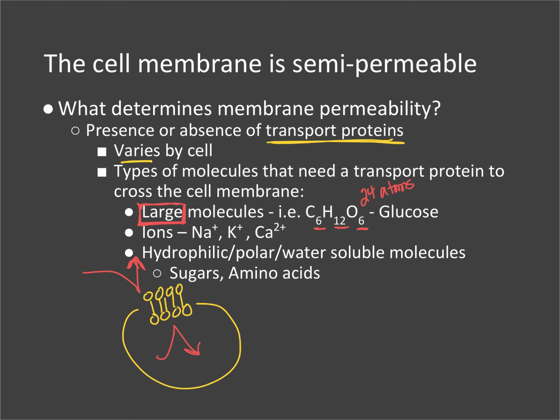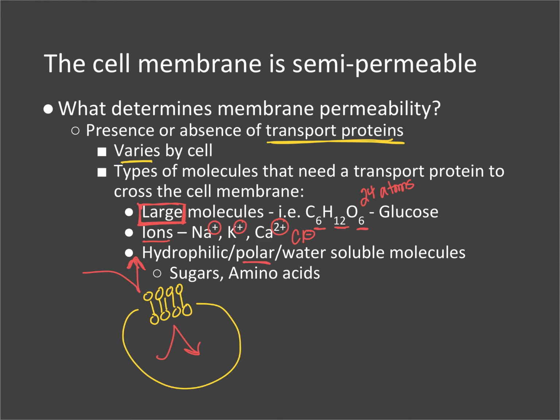Also things with charges. So ions are these charged atoms, as you can see here with the little plus signs. You can also see things like chloride, which has this negative sign. You can also look at polar things. So polar things have charges. And so charged particles and charged molecules are not able to get across that phospholipid bilayer.